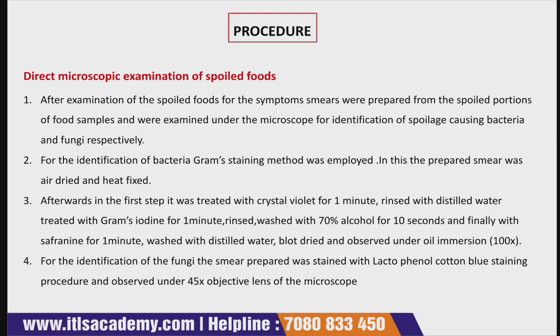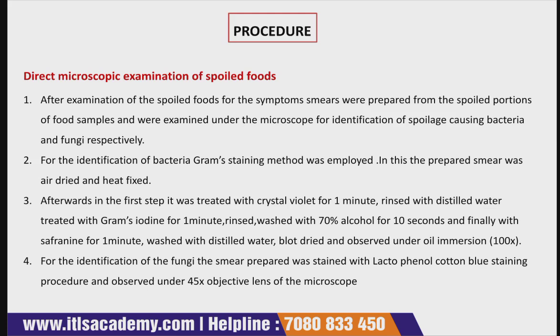Means you take that smear and let it dry, and after drying you use heat to fix that smear. Then, in the first step, it was treated with crystal violet.